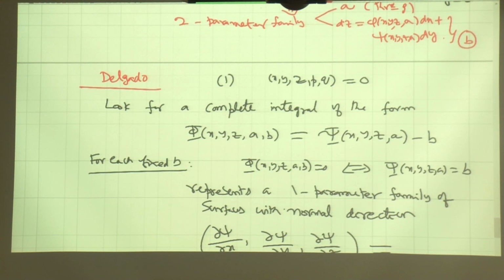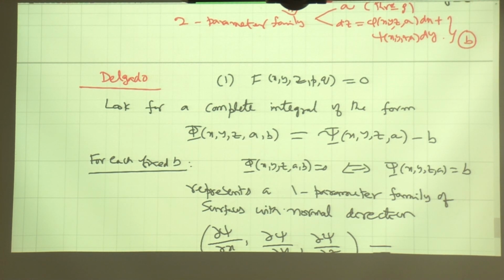I'll stick to this instead of shifting once in a while. Okay? So some people call this an algebraic equation, but we should not call it that because those are polynomials. So these are transcendental equations, but let's call them nonlinear equations. So F of x, y, z, p, q equal to 0.